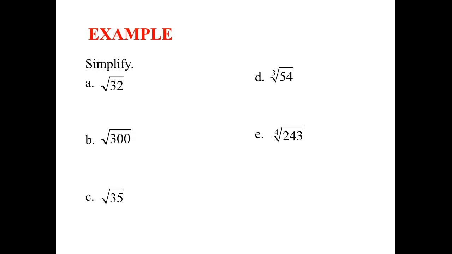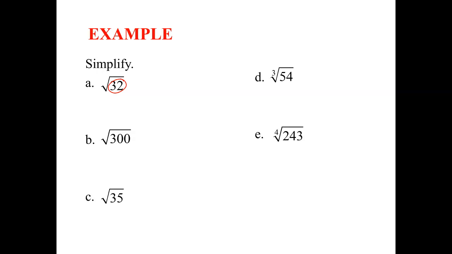Okay? So none of those are perfect squares or perfect cubes or fourth powers. So we need to make sure that we can find factors of our radicand that are perfect squares or perfect cubes that can be rooted with the index that we have. So when I look at 32, what is a factor of 32 that is a perfect square? 4.